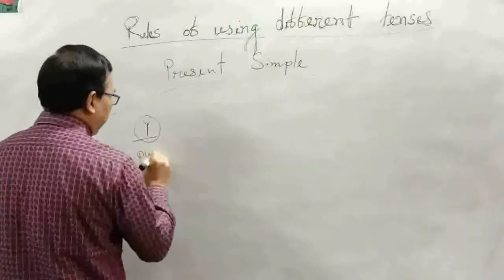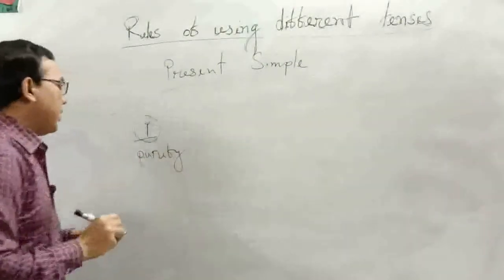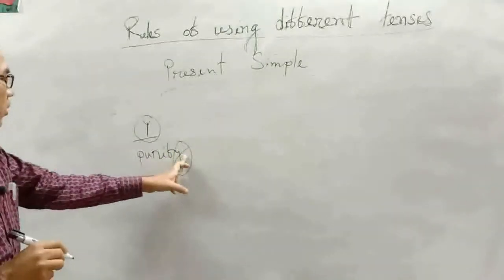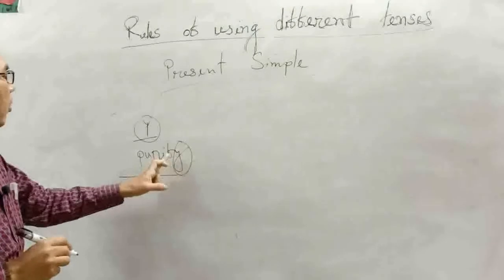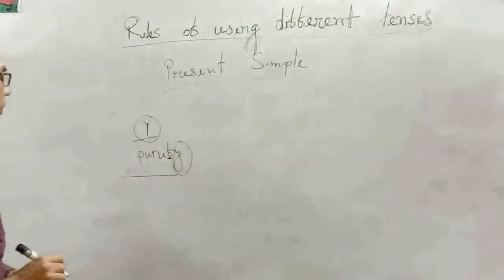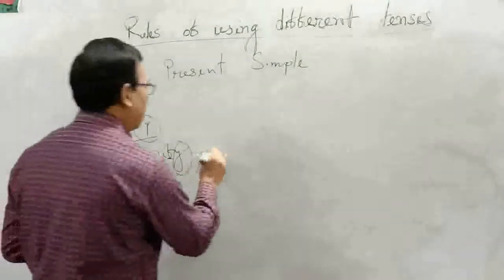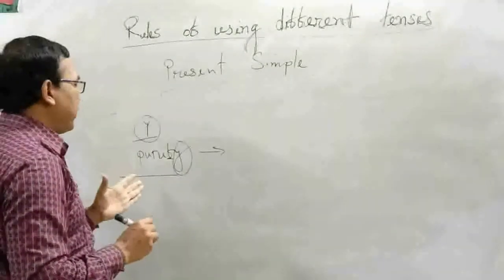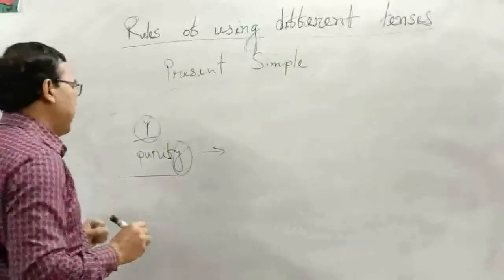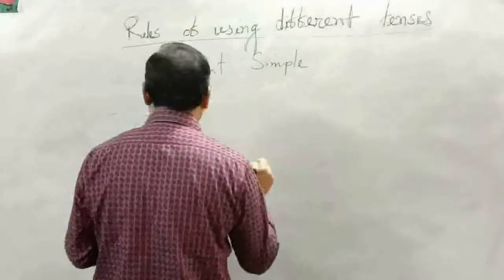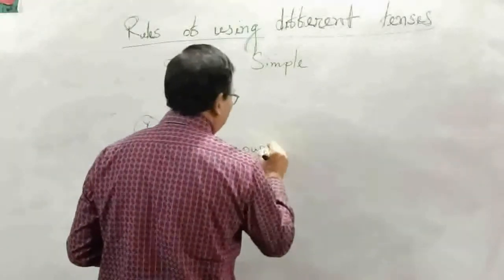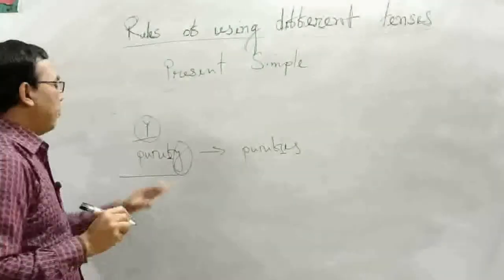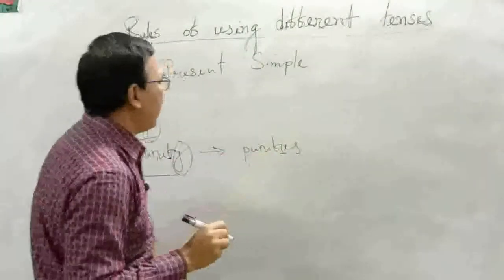Purify: here the verb ends in y and the last letter y follows a consonant f, and when es is added to this verb, y will be omitted and i will be written in place of y. The changed verb will be purifies.